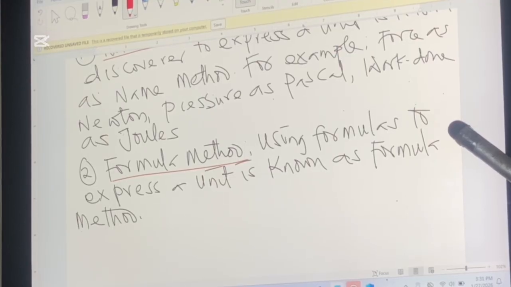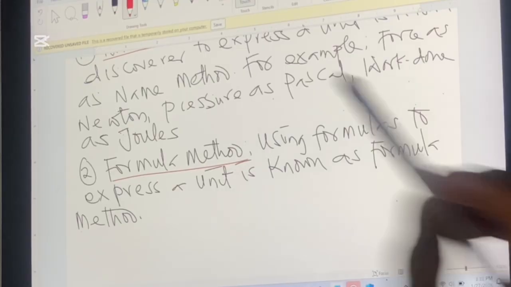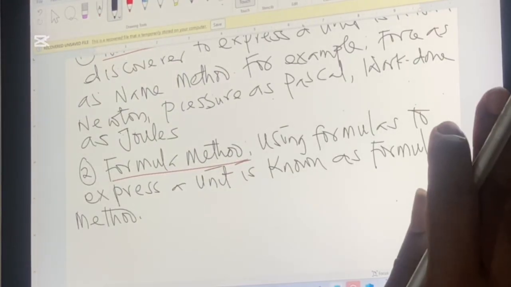And this is the best method to express any units. Please take note. Whenever you're asked to express any unit in any exam, the only method to use is formula method, okay?